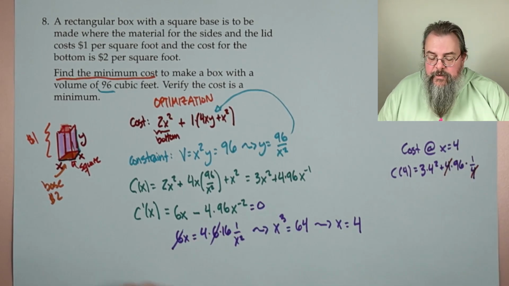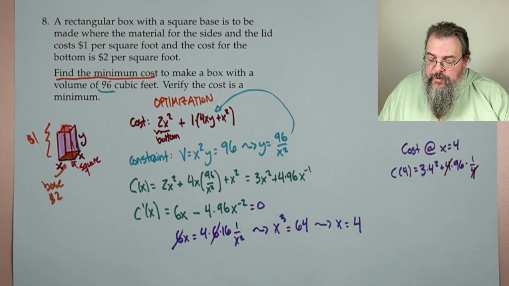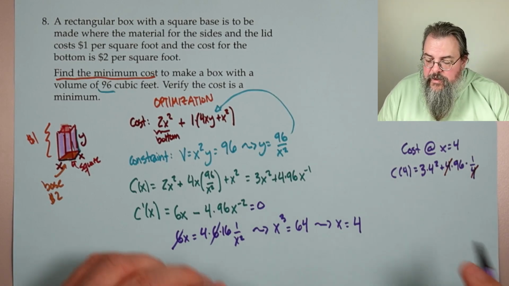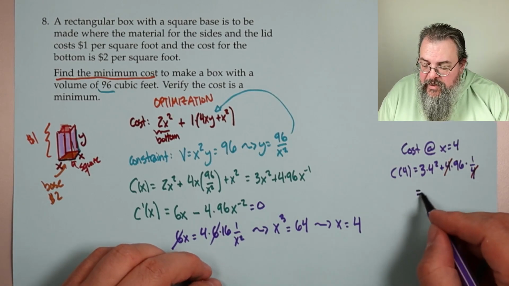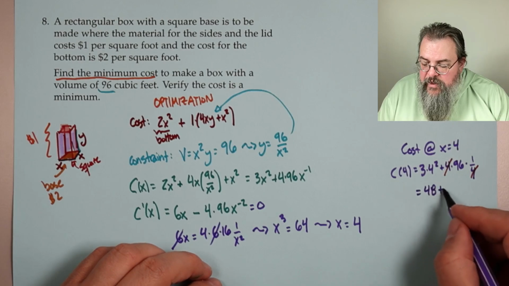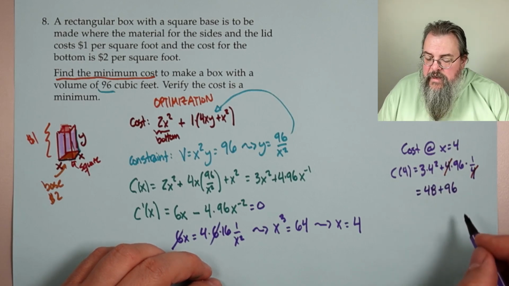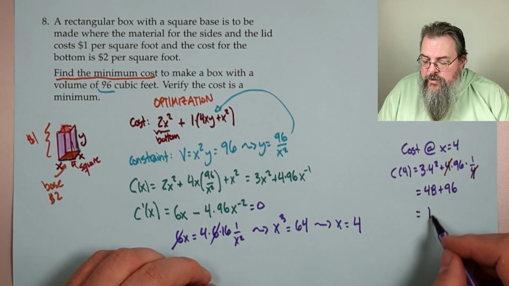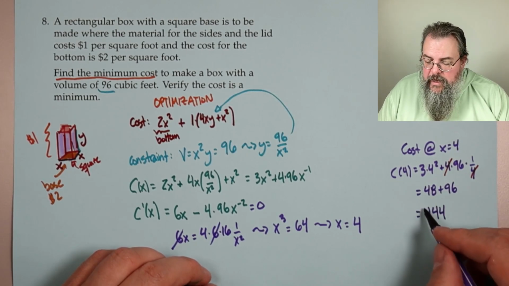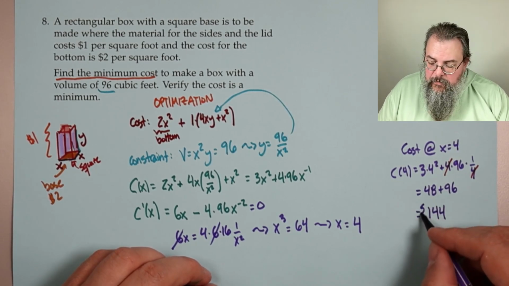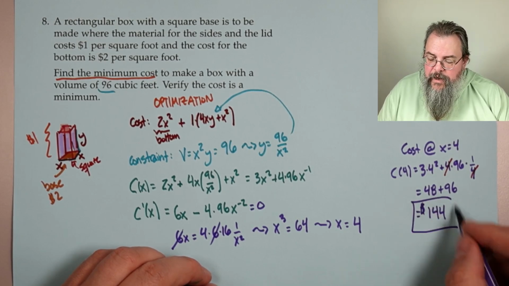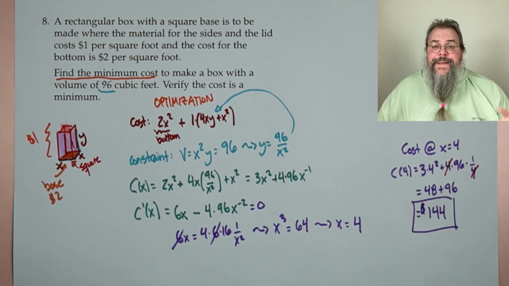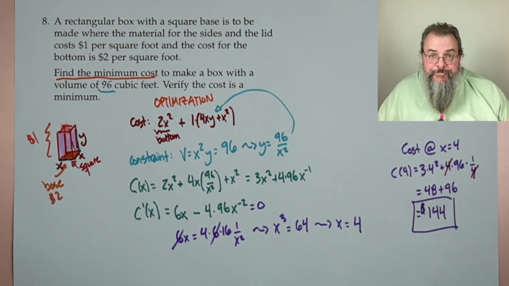The 4's cancel. 3 times 4 squared, that's 3 times 16, that's 48. And then we have 48 plus 96, which gets you up to 144. And since it wants units, well, it didn't ask, but we'll throw them in: $144.